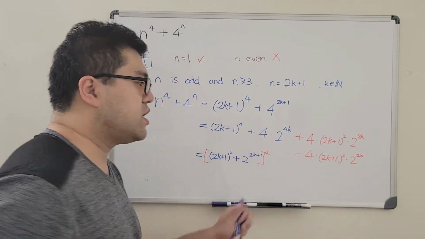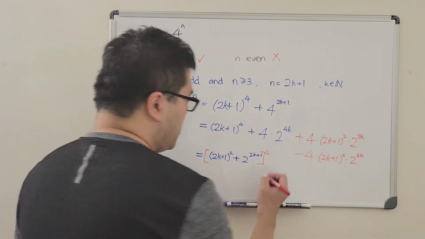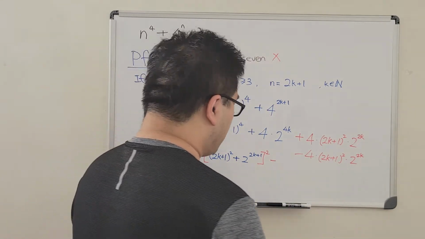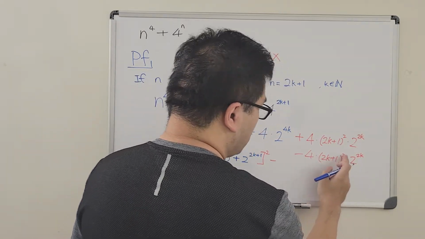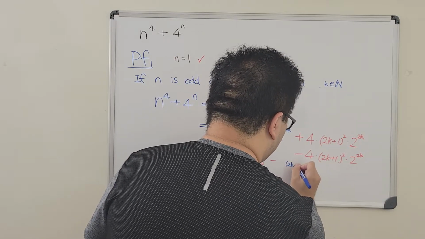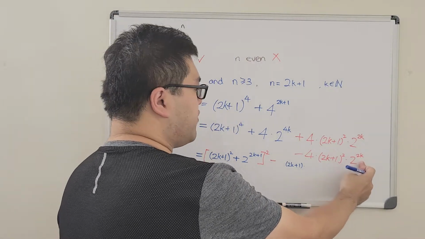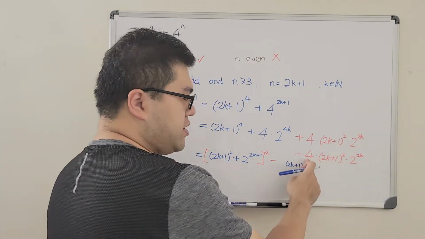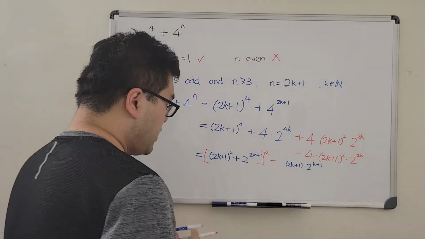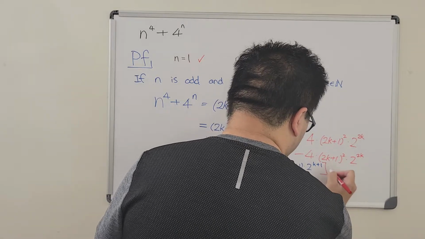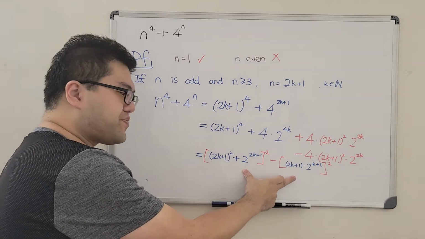And notice that the remaining term here is also a perfect square if we ignore the sign. Which means now we can write the second part as, if we take the square root, 2k plus 1 to the 1st power, times 2 to the 2k, whose square root is 2 to the k power, times another 2. So we have 2 to the k plus 1st power, and we have the whole thing squared. So now we have the difference of squares.